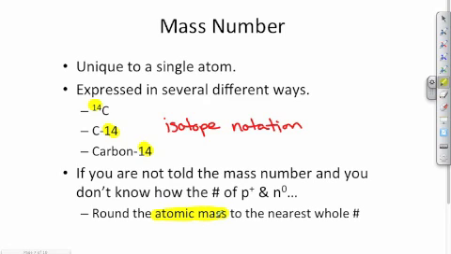Let's say for helium, which has an atomic mass of 4.00 and some change, just simply round that to the nearest whole number. 4.00 would round to 4, and of course that would be the mass number for that atom.